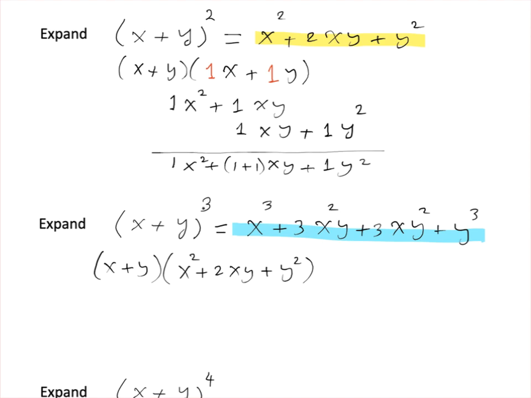Isn't that the power 3 is x plus y times x plus y to the second power, which is x squared plus 2xy plus y squared.